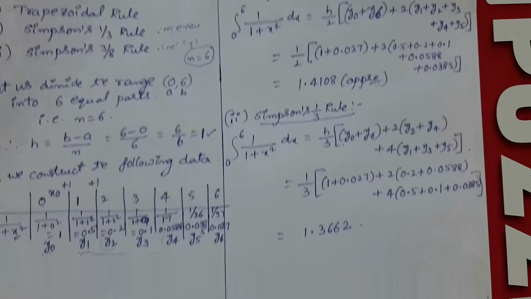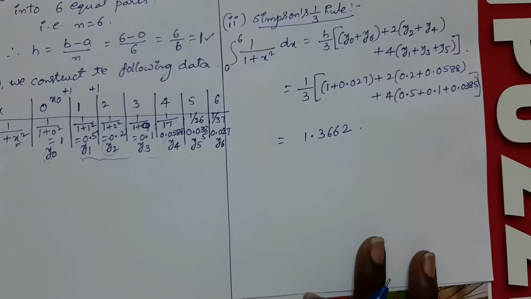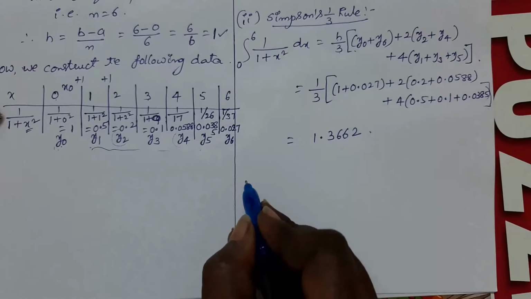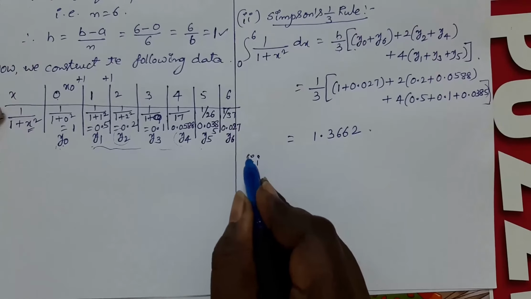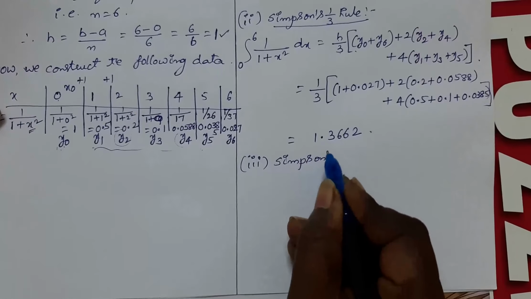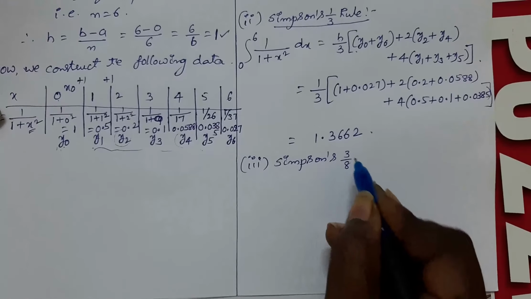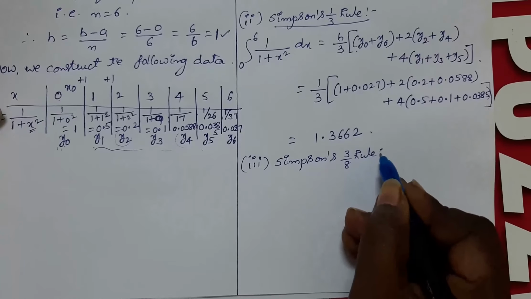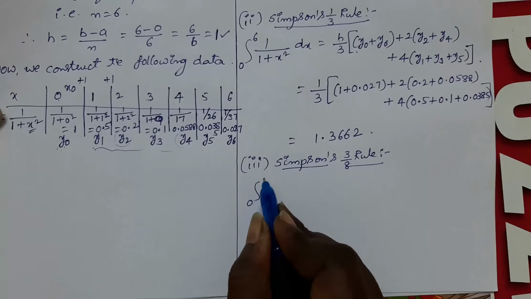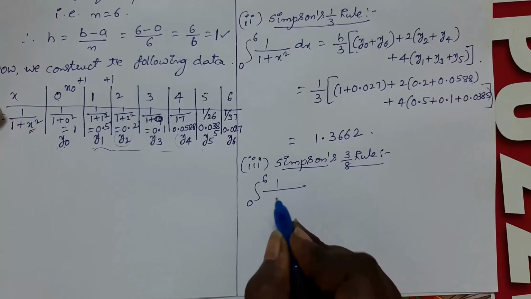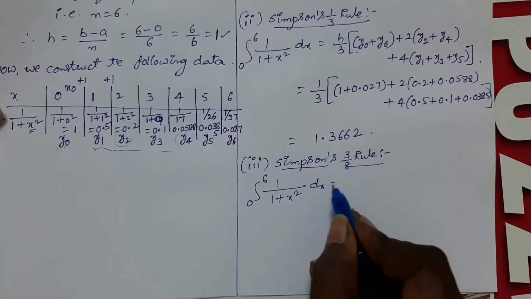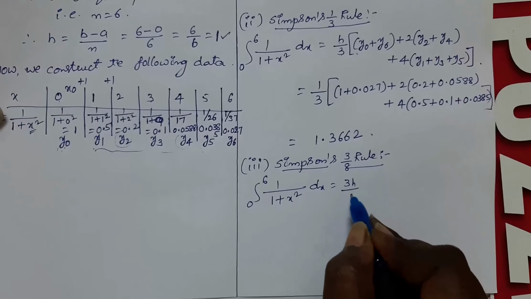Now take Simpson's 3/8 rule. According to Simpson's 3/8 rule, the given problem, the integral from 0 to 6 of 1 by 1 plus x square dx, becomes 3h over 8.